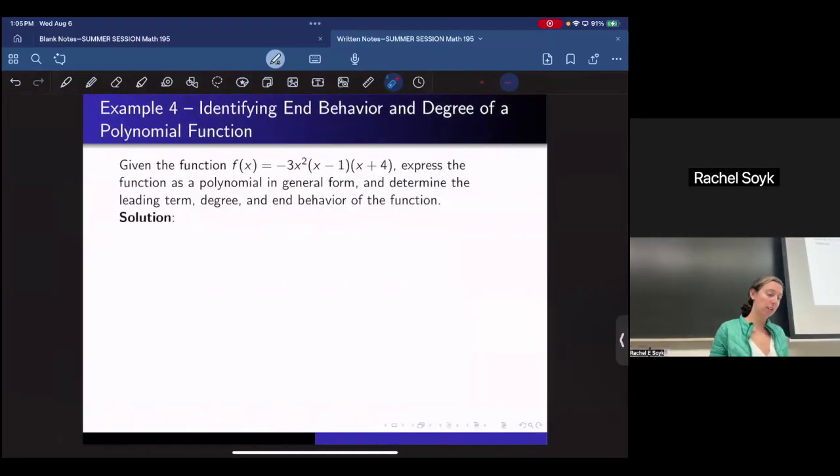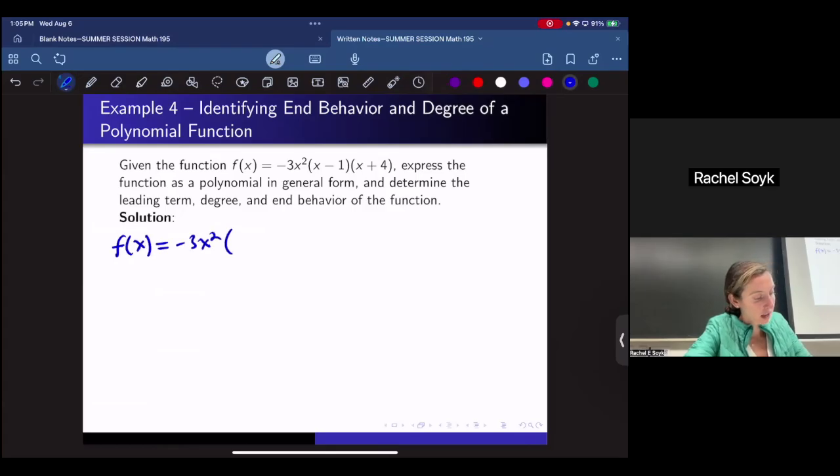So now we arrive at our example 4, where we want to identify end behavior and degree of our polynomial function. So we're given the function f of x is equal to negative 3x squared, in parentheses, x minus 1, x plus 4.